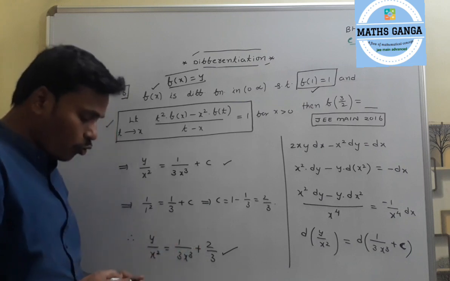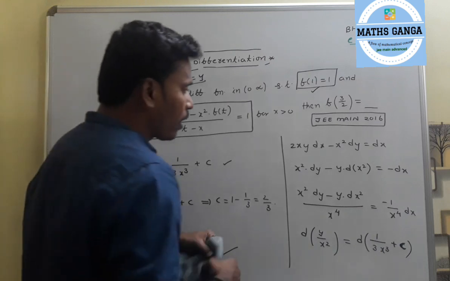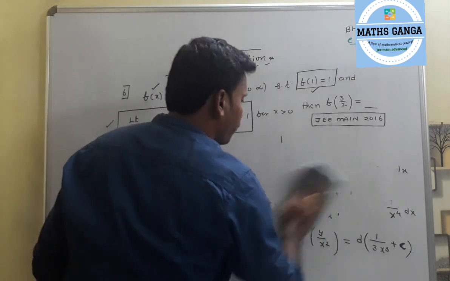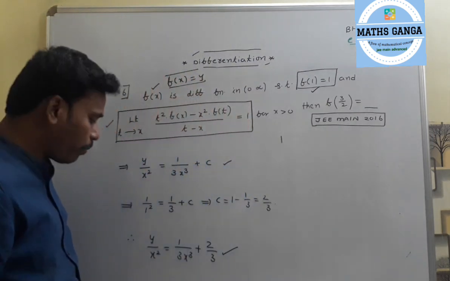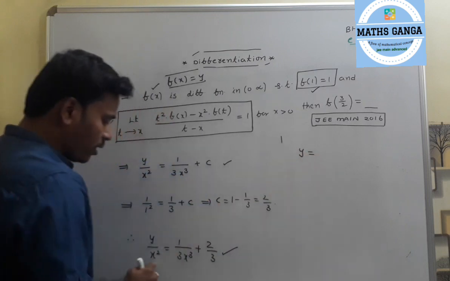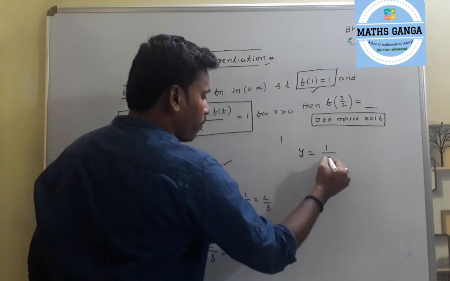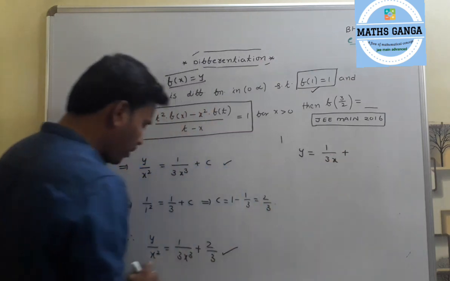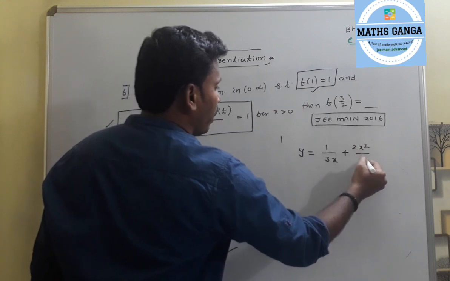From there it is easy to identify y. Y is simply nothing but f of x, right? Y and f of x both are the same. After calculating constant c as 2 by 3, replace it there, and then y is equal to, send this x square to that side, x square by 3x cube is nothing but 1 by 3x, plus send this x square here, it becomes 2x square by 3.